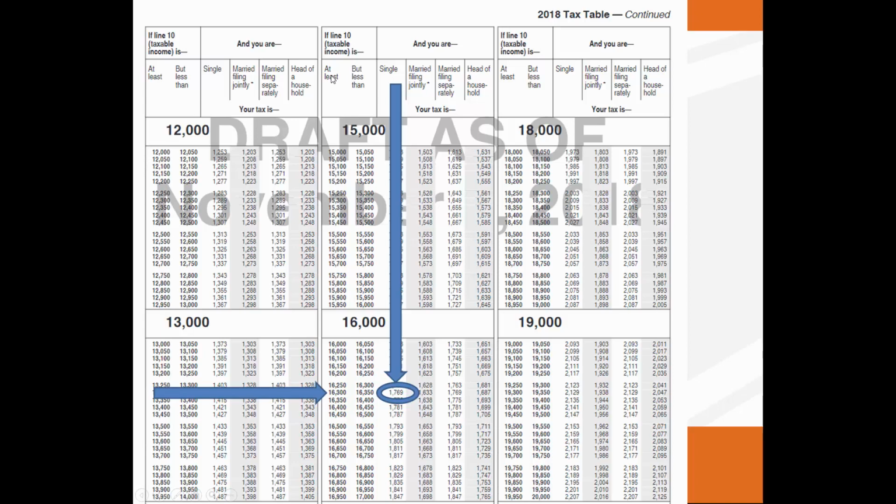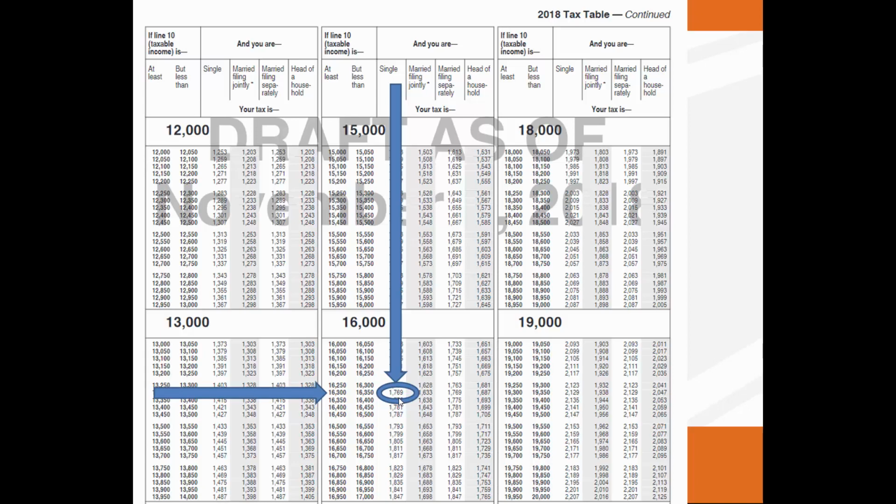You need to pay attention. Less than 16,300 is not 16,300. We want to be in the at least, because 16.3 is at least 16.3. So we're going to use that second number. We're going to come down from single, and there it is right there. $1,769 is my tax liability.